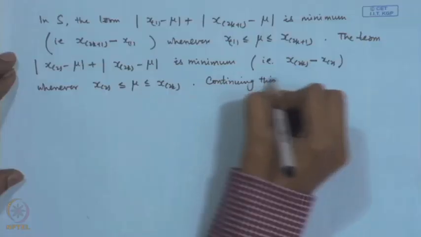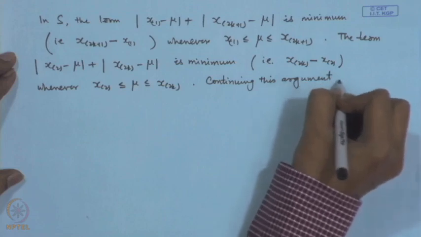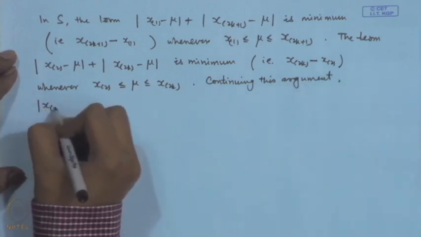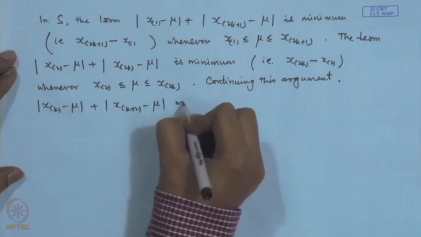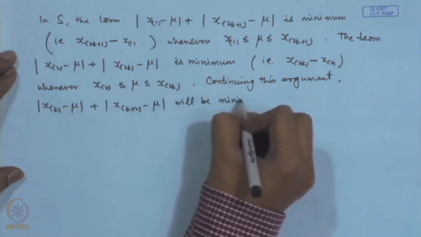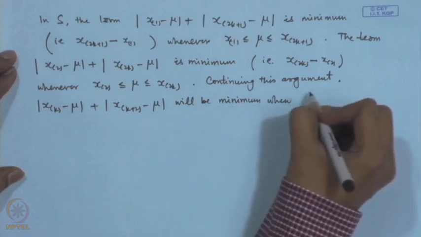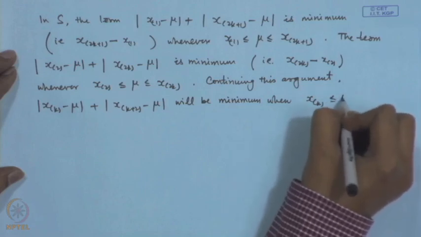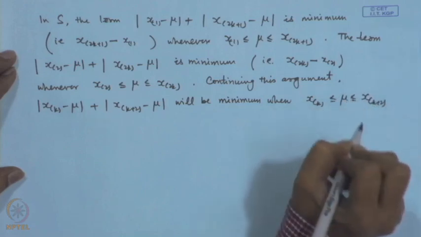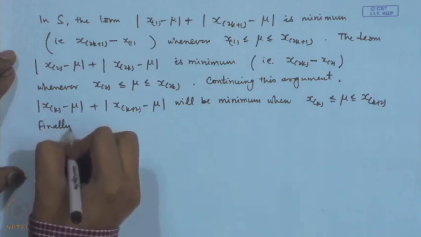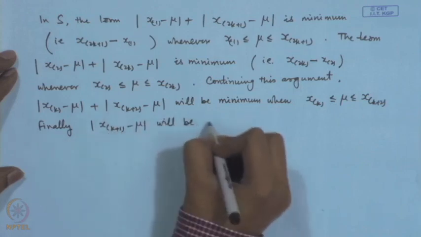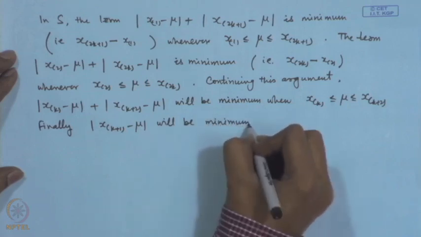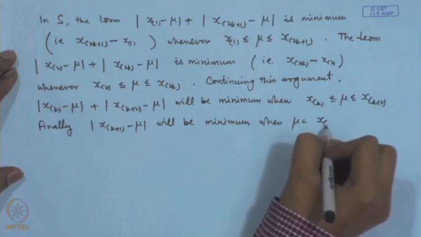So, if we continue this argument, the term x_k minus mu plus x_k+2 minus mu will be minimum when x_k is less than or equal to mu less than or equal to x_k+2. Finally, x_k+1 minus mu will be minimum when mu is equal to x_k+1.